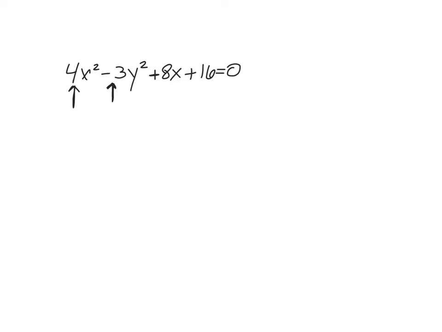So I'm going to do the same thing I did before. I'm going to group the variables. So I'll have 4x squared plus 8x. I only have a 3y squared, and the constant goes to the other side. We'll complete the square here for the x's. I'm going to take out the 4.